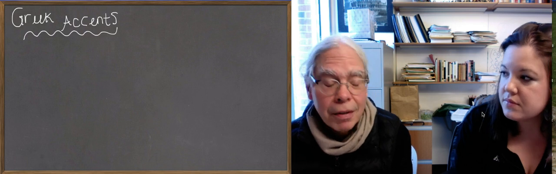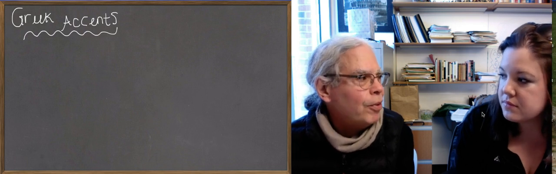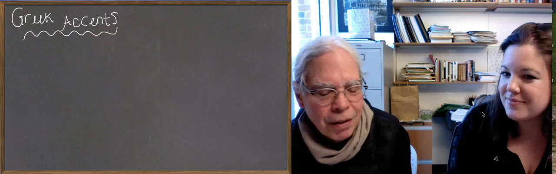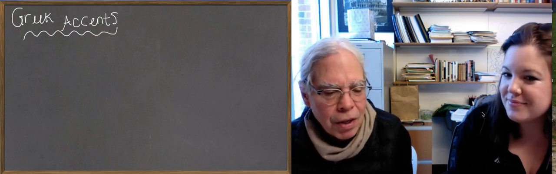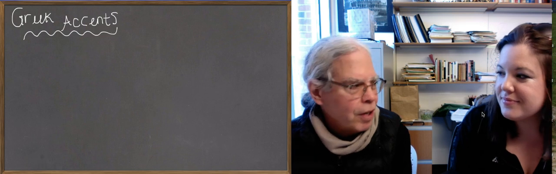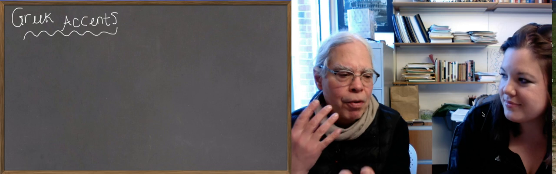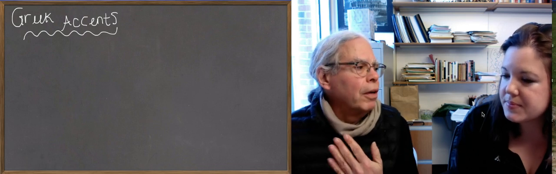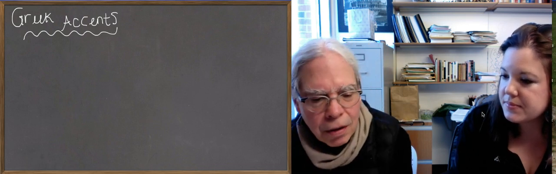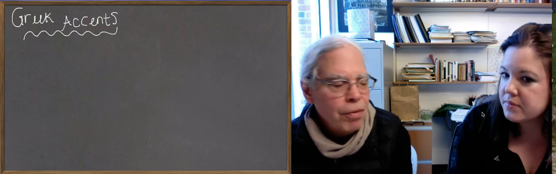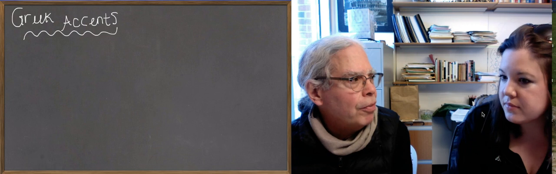But actually, when you stress a syllable, you raise the pitch a little bit. And correspondingly, in ancient Greek, when you raise the pitch, you stress it a little bit. So it's about two things: one being foregrounded and the other backgrounded. Needless to say, we don't have any recordings of what ancient Greek was like.